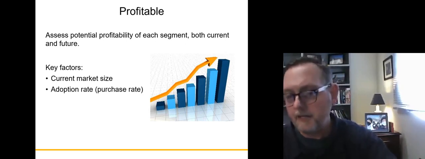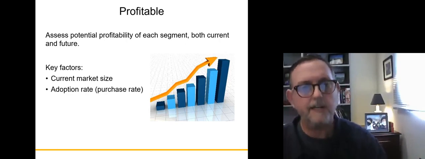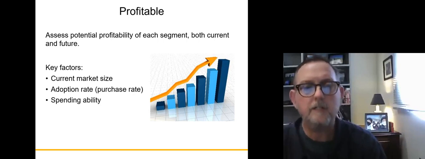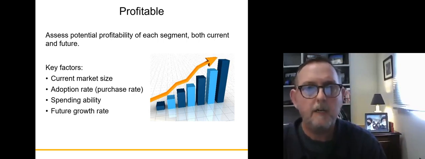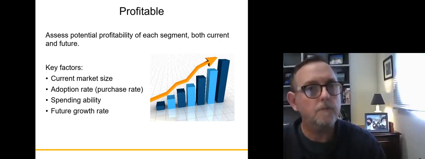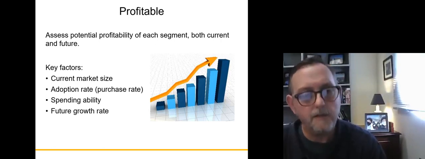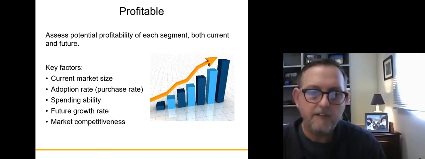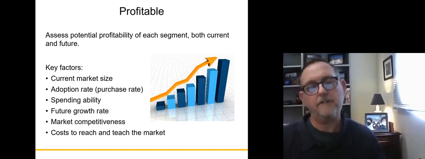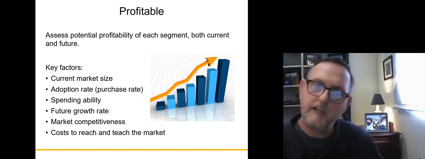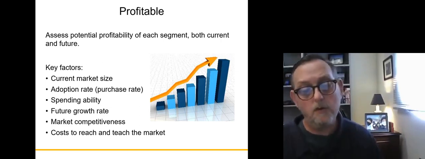So some key ideas driving profitability, as I mentioned, are the substantialness of the market and its size, the rate at which customers buy your product, and the ability to spend money, disposable income, for instance. Some segments have more disposable income than others. Future growth rates, competitiveness in the marketplace. Do you have to watch your pricing strategy because you have a lot of competition?